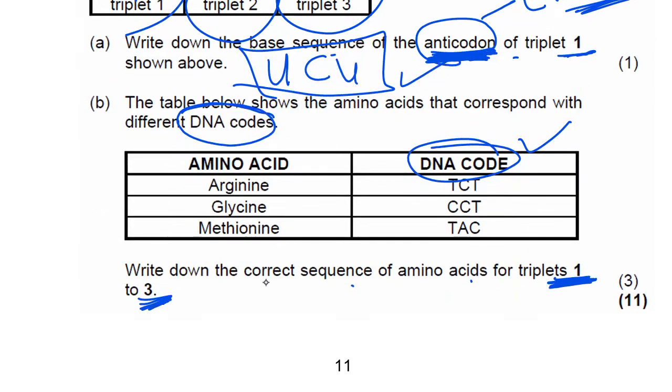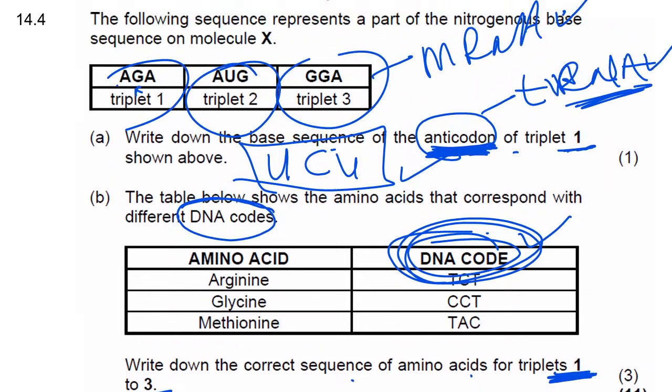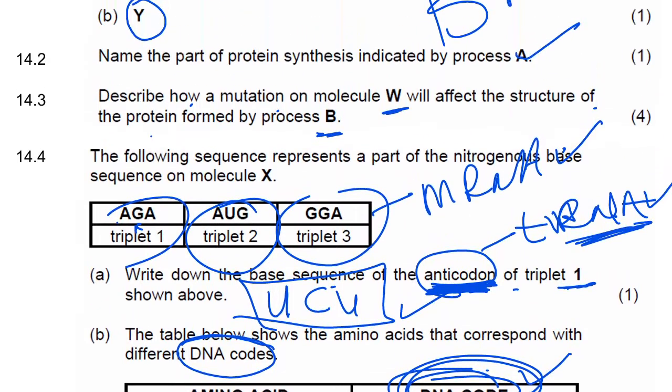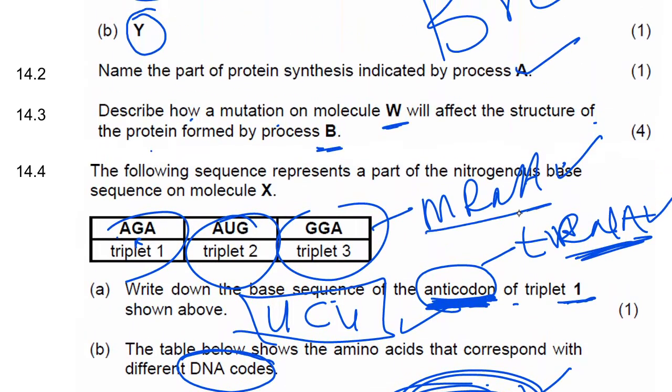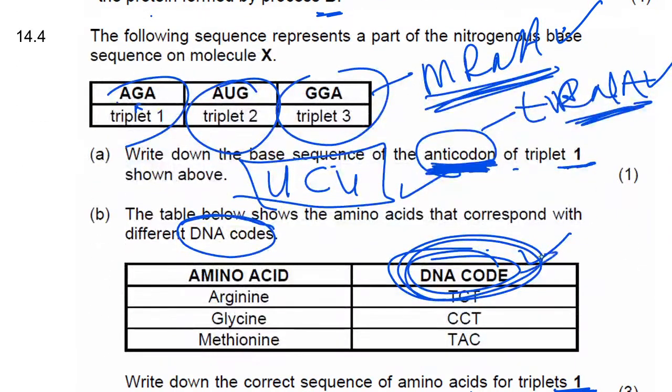Then they are saying write down the correct sequence of amino acids for triplet number 1 to 3, but they gave you DNA. Because this is messenger and this is DNA, I have to convert the messenger into DNA.